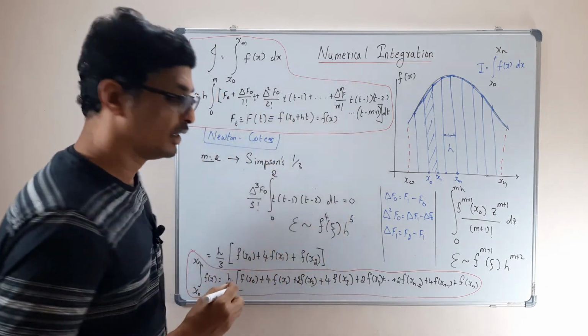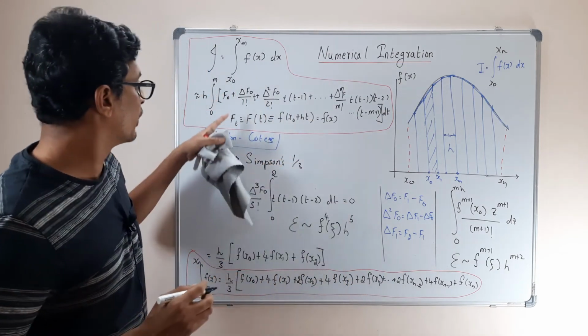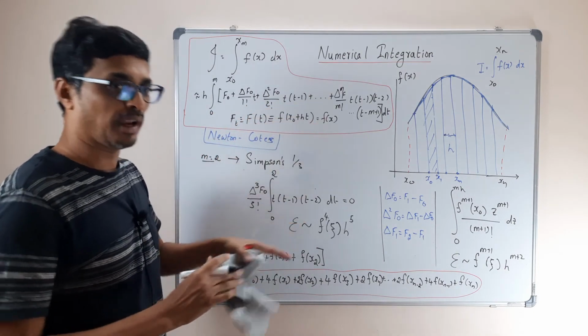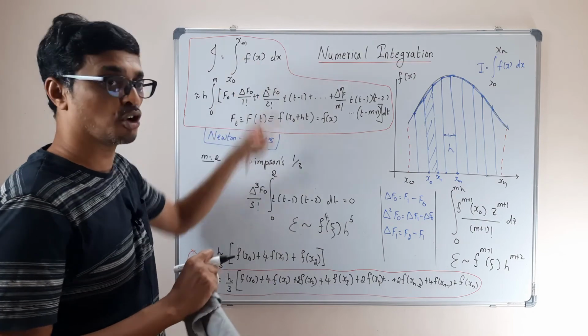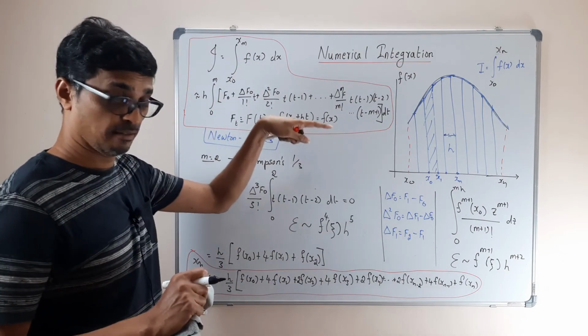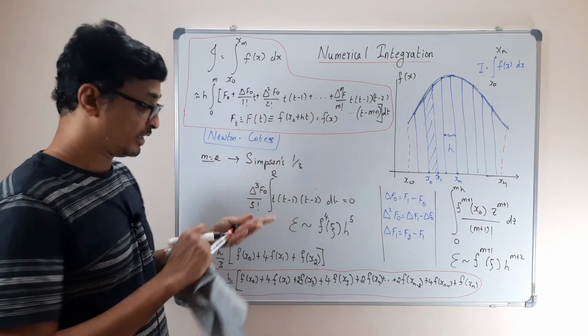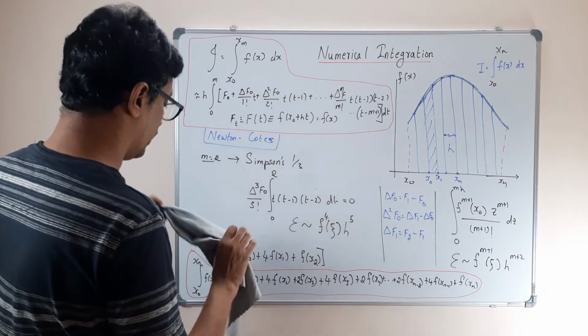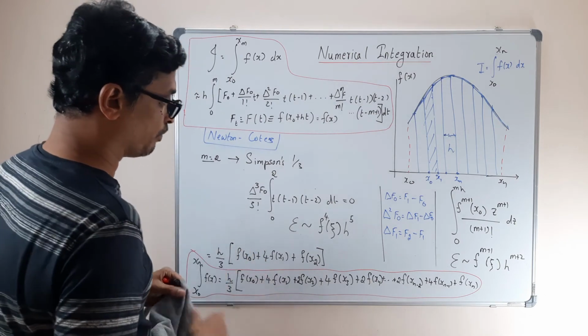So even though we have considered a polynomial of degree 2, this is accurate as if you expressed your integrand as a polynomial of degree 3, because the next term is 0. That's why Simpson's 1/3 is a very popular and very commonly used algorithm.